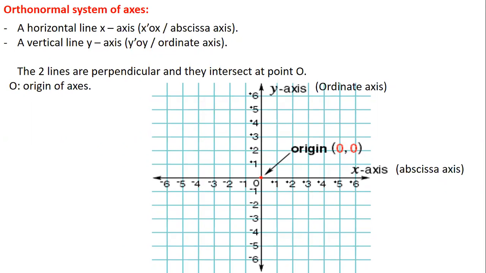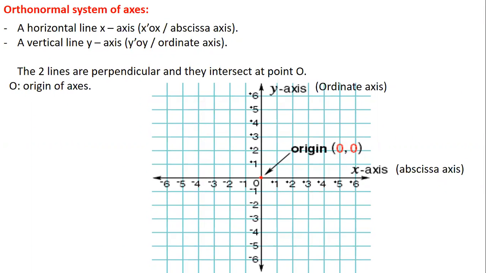Yes, Sarah, can you please look at this slide and tell me what did we say in this slide? Discuss for me. Yes. In the orthonormal system of axes, we have a horizontal line, the x-axis. We can call it also x prime OX or abscissa axis.